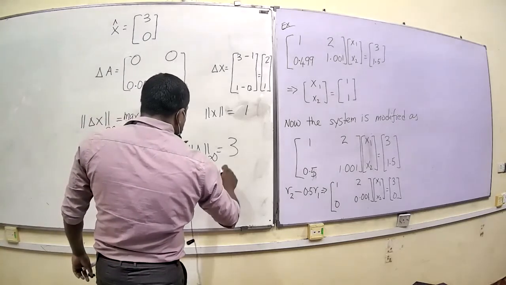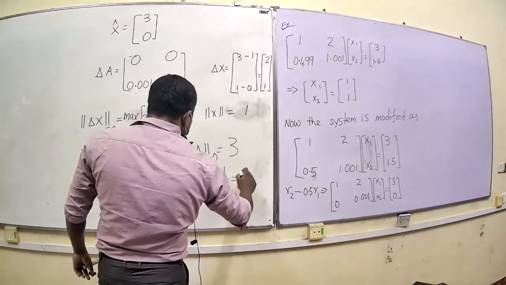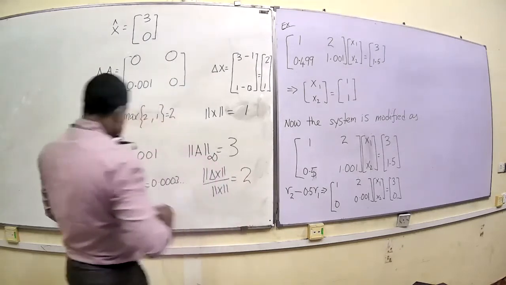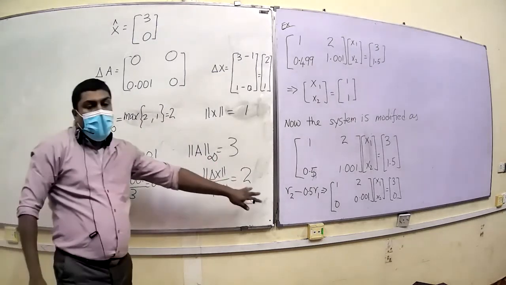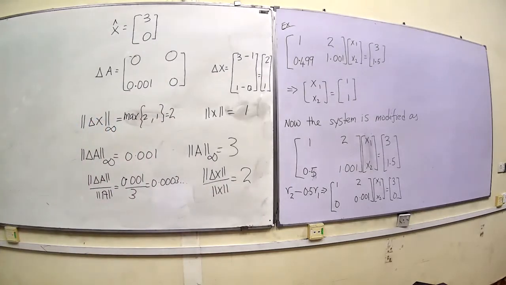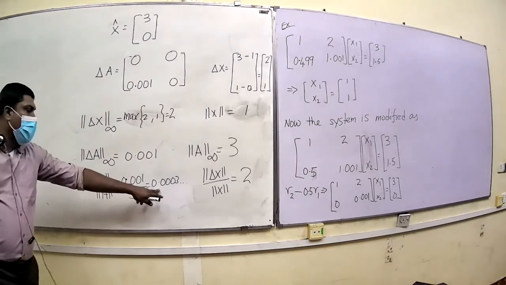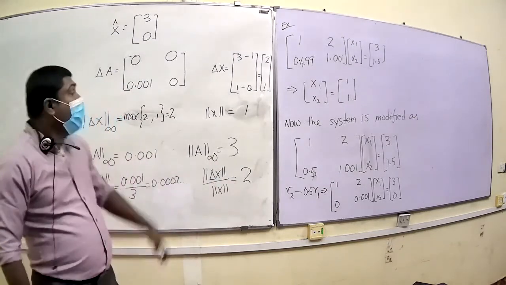And norm of delta x over norm of x is 2. So for a relatively small input error, you can see a relatively big output error, right? Relatively very small input error, the output error is very big.